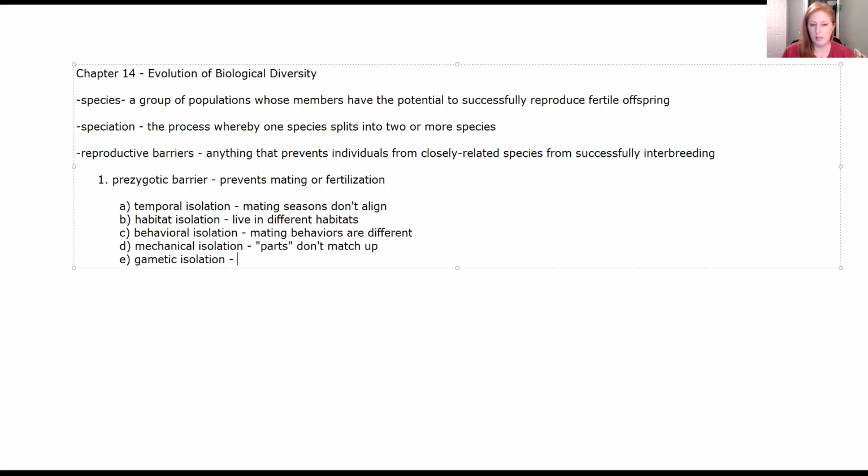Okay, so if all of these other four barriers have been overcome and mating occurs between closely related species, gametic isolation means that the egg and the sperm aren't compatible with each other, so that the sperm can't fertilize the egg, which prevents any reproduction from taking place. Okay. All right. We have prezygotic. You can imagine we also have postzygotic.